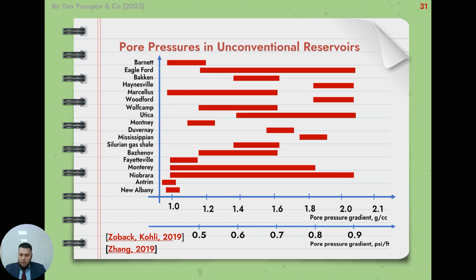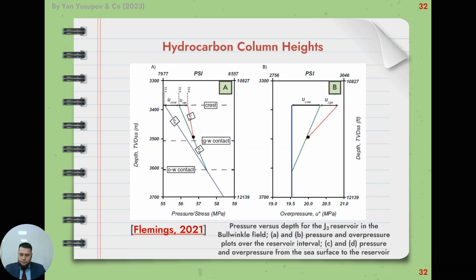The benefit of higher pore pressure gradients is high well production. It's much better than wells without high pore pressure.